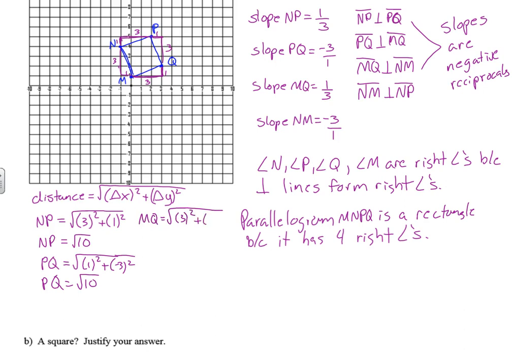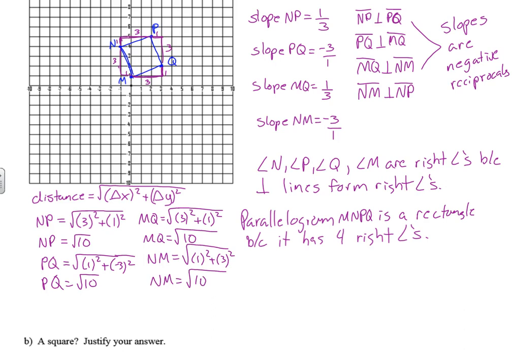Change in y, 1. Again, it's not wrong to write all of it out. I'm just showing you a little bit of a shortcut. When you do it this way, the one thing to note is you have to write it out on the graph. If you don't show it on the graph, then you're not showing your work. So here the change in x is 1, the change in y is 3. So NM is square root of 10.